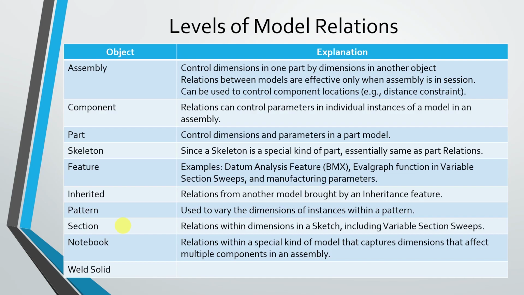Generally, I recommend against section relations aside from variable section sweeps, just because of the order in which they're regenerated, which I'll talk about on the next slide. Variable section sweeps are a big user of relations at the sketch level because they use that parameter trajpar, so you can change the size of the section along the trajectory.